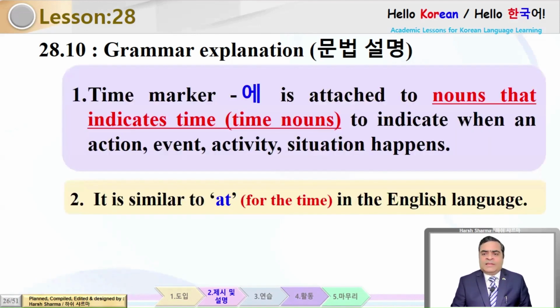Time marker A is attached to nouns that indicate time. That is again the time nouns, to indicate when an action, event, activity or situation happens. Also, see number 2 point, it is similar to at in the English language. Like you know the sentence, my class starts at 9 a.m. This at is similar to the time marker A in Korean.